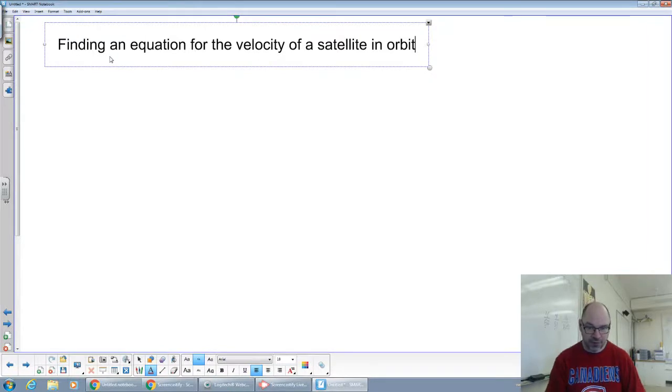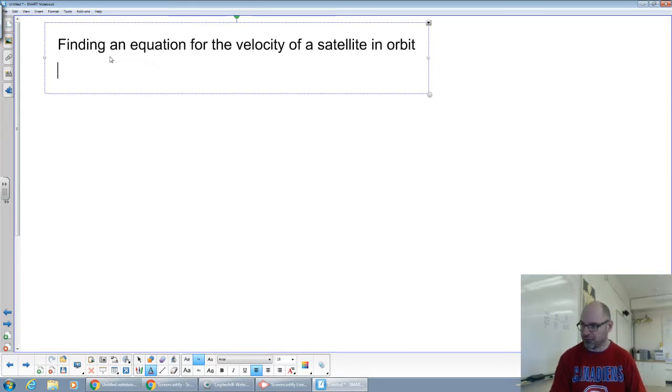So we're just going to derive it. So this is the derivation first. Not calculus derivation, just deriving it out of basic equations.